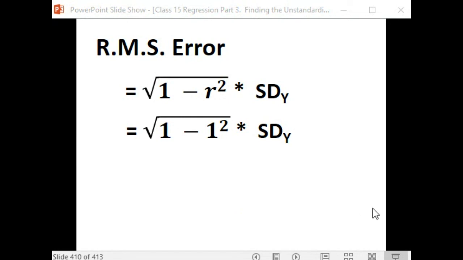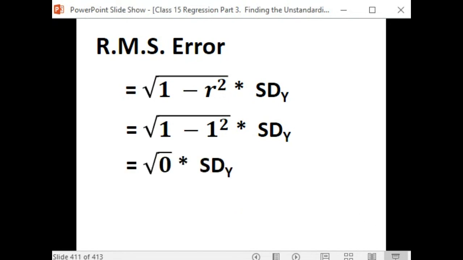But next, 1 minus 1 squared is 1 minus 1, so that's equal to 0. So we now have the square root of 0 times the standard deviation of y. Now, if we multiply the square root of 0 times the standard deviation of y, we get 0.